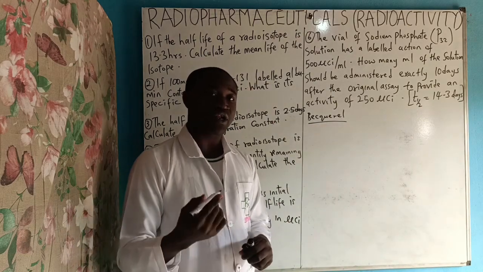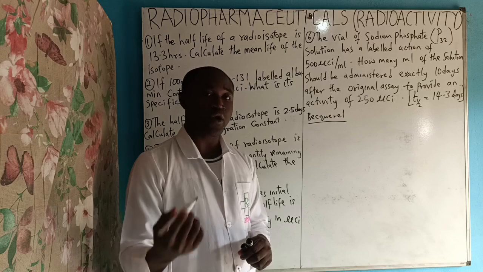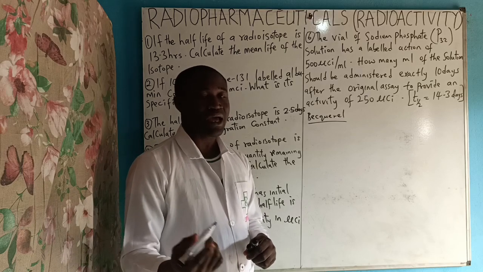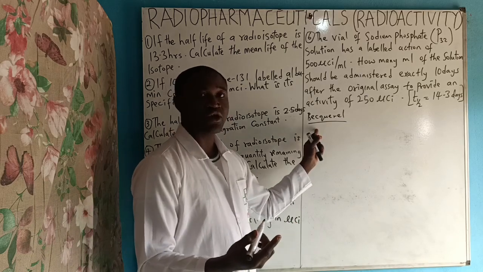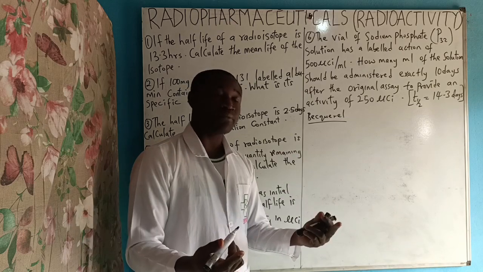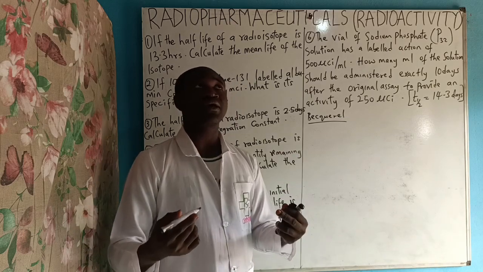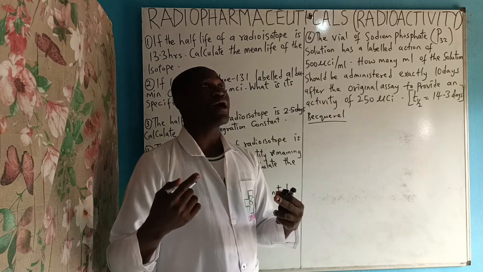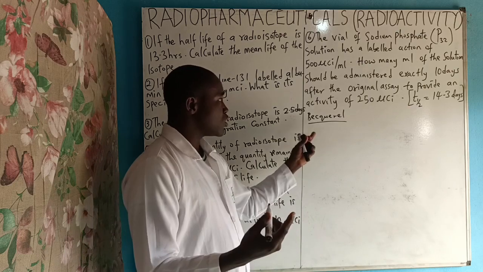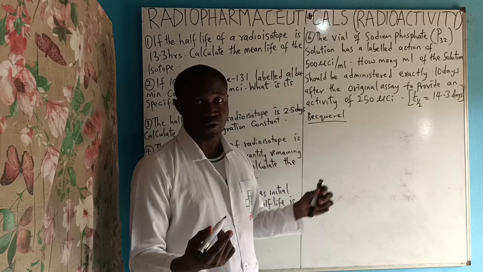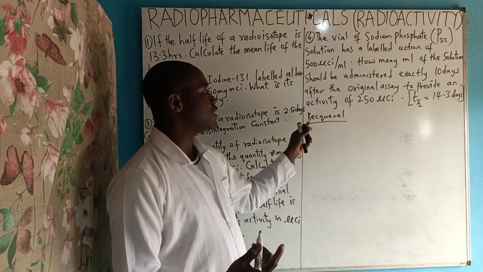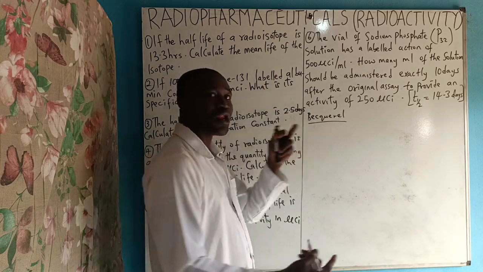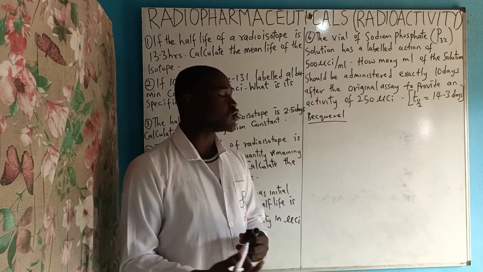Other units of radioactivity we have are curie, millicurie, and so on. This becquerel, you can also see kilobecquerel, gigabecquerel, megabecquerel, and so on. So we have other subunits of becquerel, but the number one unit of it is becquerel.